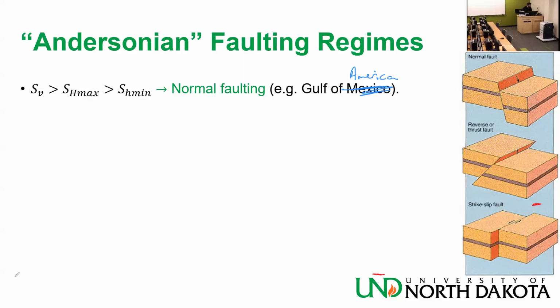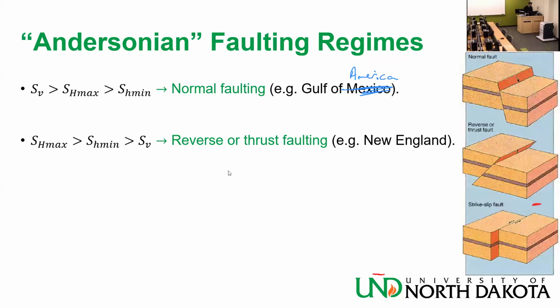Then I have reverse faulting or thrust faulting. One example of that is the east coast of the US. Reverse faulting and thrust faulting, you have it when you have orogeny, a term that you probably learned in geology, which comes from the Greek word oros, which means mountain.